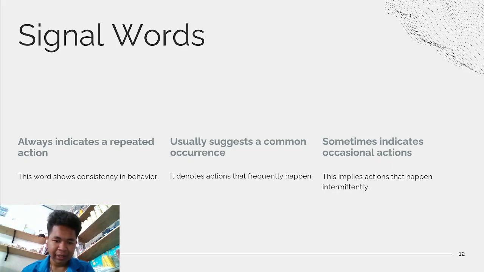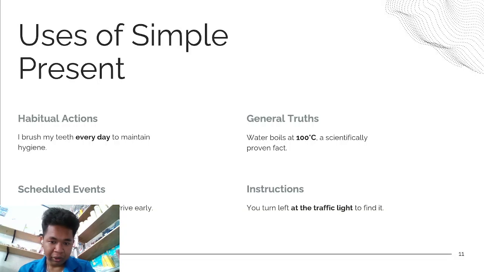Number two, usually, suggests a common occurrence. If there is a common occurrence, you can use the simple present. Number three, sometimes, indicates an occasional action. This implies an action that happens intermittently, like this instruction: you turn left at the traffic light to find it.